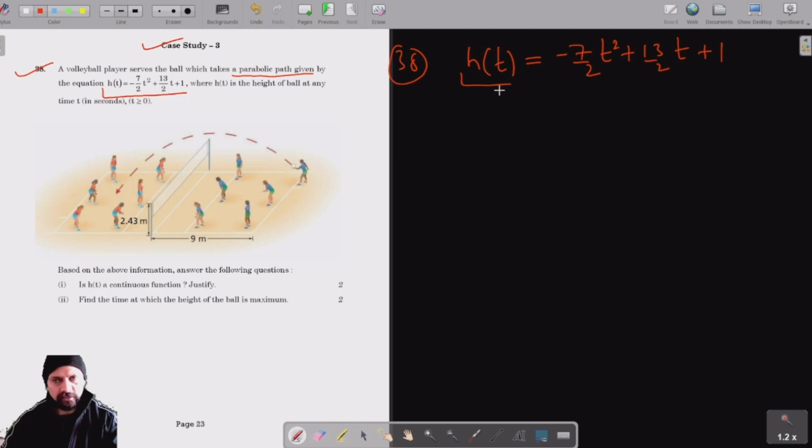Now h of t gives the height of the ball. So this is the ball being served, and if you put the time t greater than 0, at that instant it will give you the height of the ball at an instant.